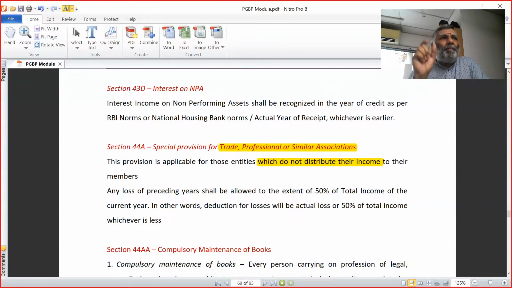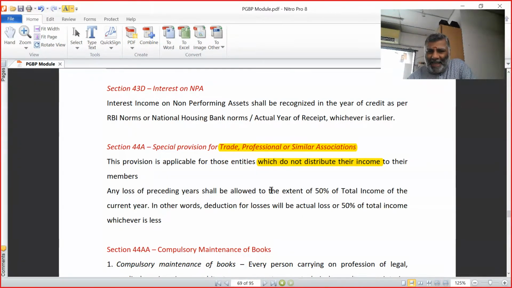Every month you are all paying subscription or maintenance charges. That is like a business income. They keep the money deposited and they earn interest. That is like income from other sources. Now, if the business income has a loss, can I set it off against any other income?